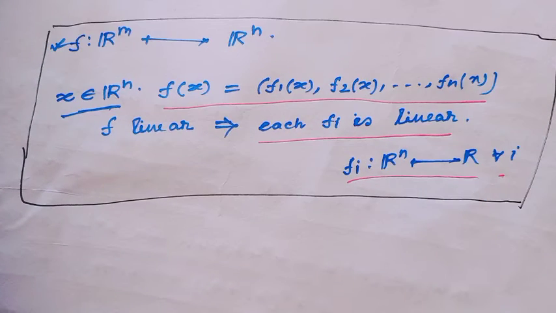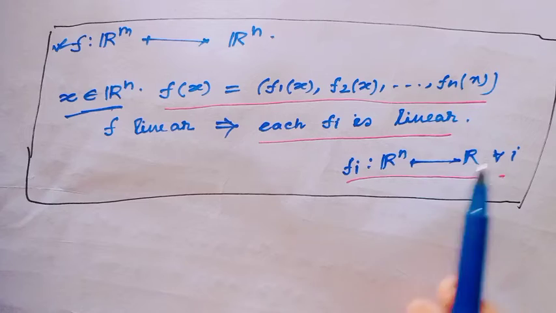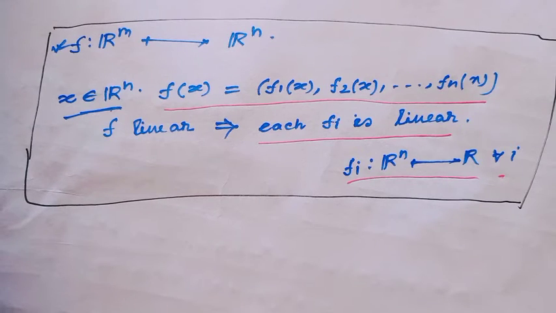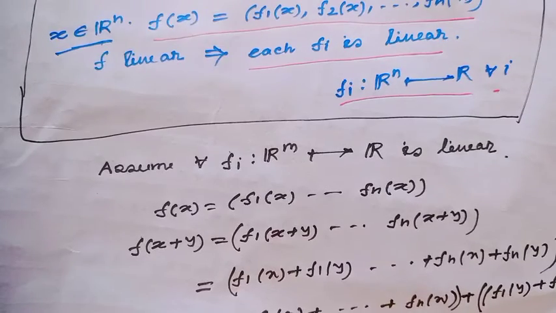That means for multivariable calculus, whether a function is linear or non-linear will be evaluated by checking whether each component is linear. Are you getting it? The proof is very easy.